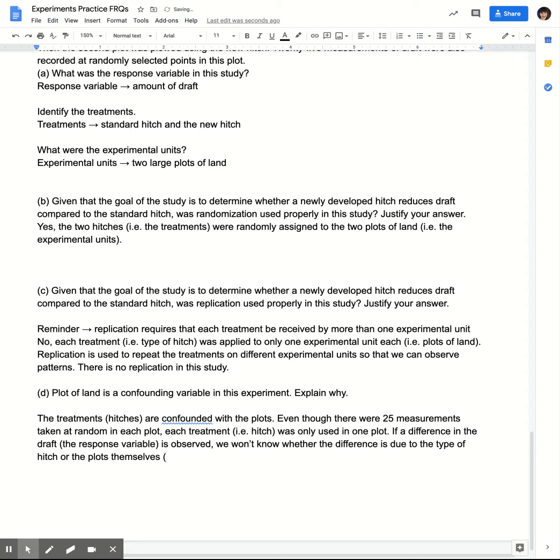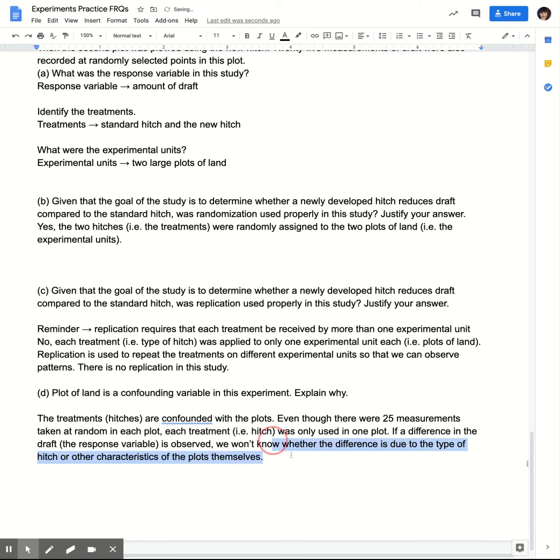Or you could say, we won't know whether the difference is due to the hitch or other characteristics of the plots themselves. Okay.